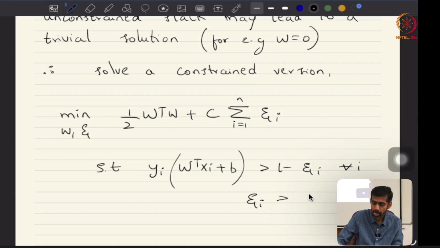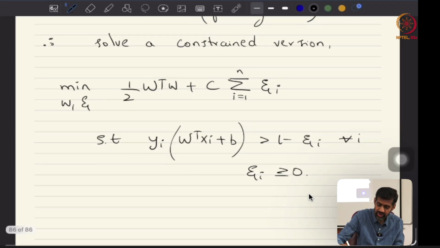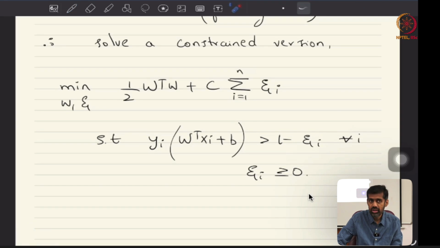Hold on. A couple of observations before I take questions. The first observation is that slack variables for those data points for which slacks are between 0 and 1 will be those points which are correctly classified but within the margin.